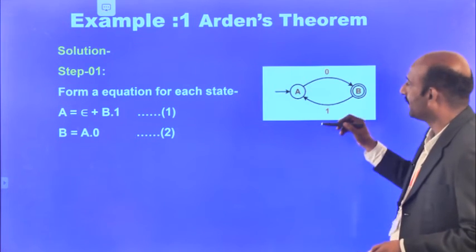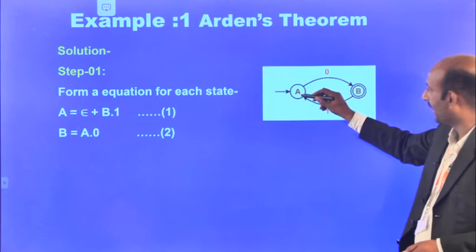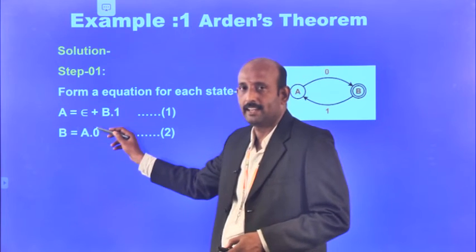Next, for state B, the incoming state is from A with input 0, so B equals A dot 0.